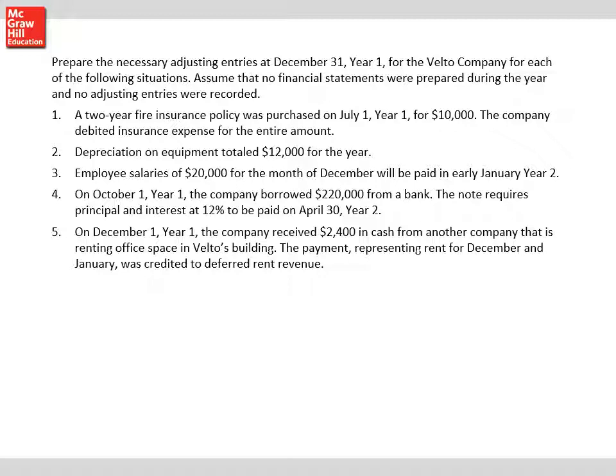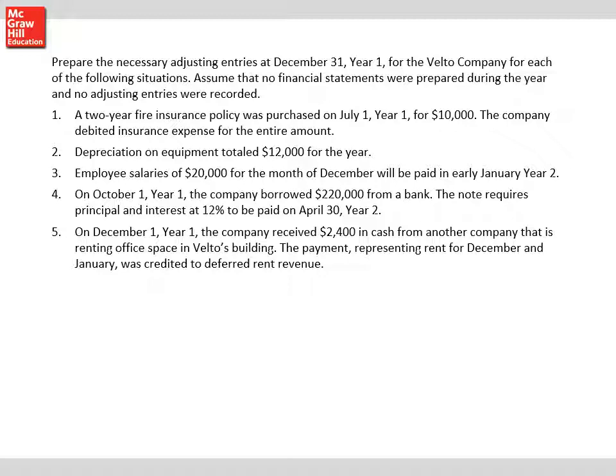How much is that per month? 10,000 divided by 24 months. Grab my calculator. It's about $416.67 per month.